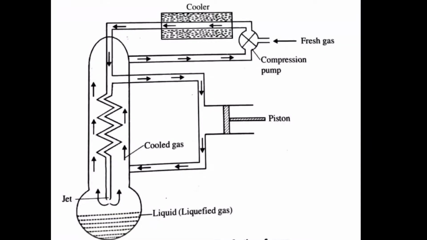The apparatus for this process is the same as in Linde's process, but the thing that is different is a piston. Here we are allowing the gas to perform mechanical work in an adiabatic expansion engine.